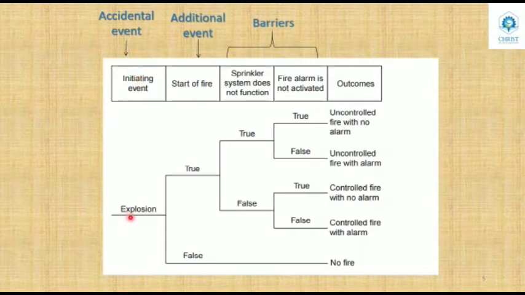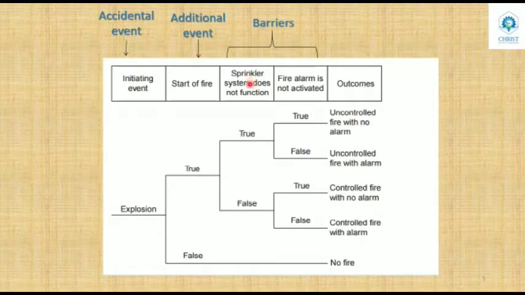Some explosion has happened, and the additional event is the start of fire, whether the fire starts or not. There are two options, true or false. If start of fire is false, then we have no fire. If it is true, that is, some fire starts after this initiating event, the explosion, then we check the barriers or safeties.